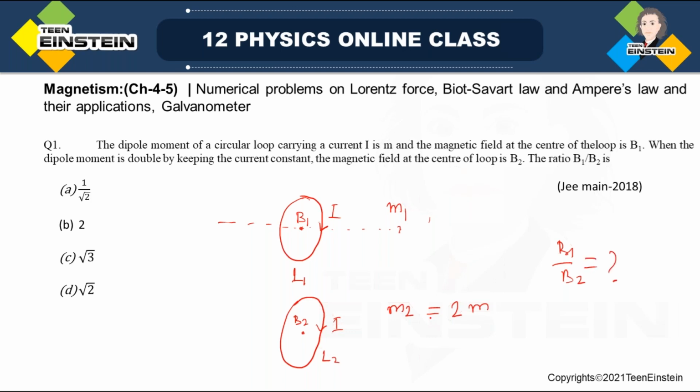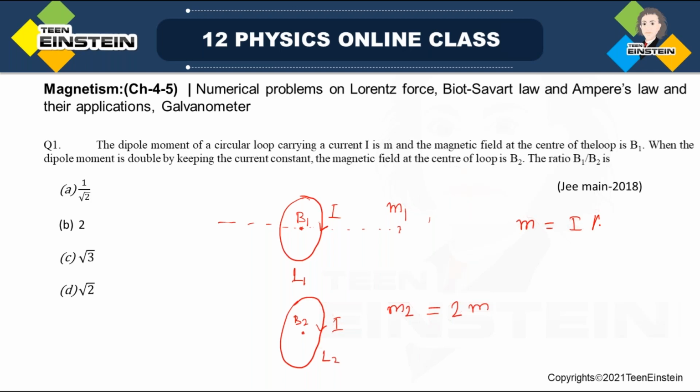This is the question. If you want to solve this problem, first of all we need to know the definition of magnetic moment. So what is the definition of magnetic moment? The definition of magnetic moment is M equal to I, the current flowing through the loop, times A, the area of the loop.